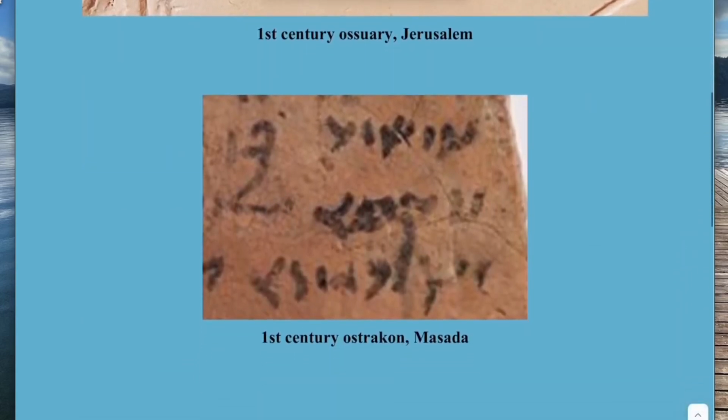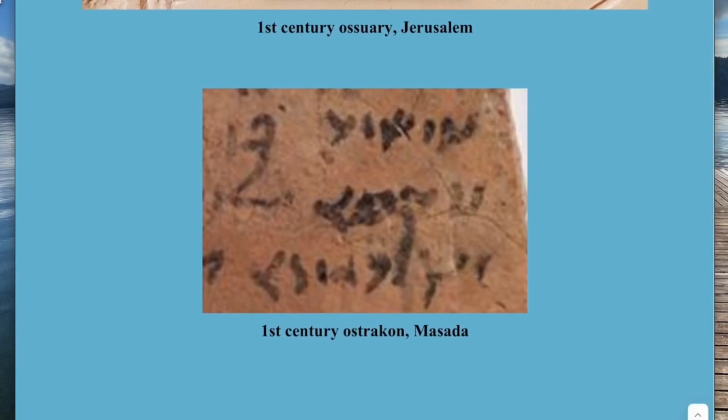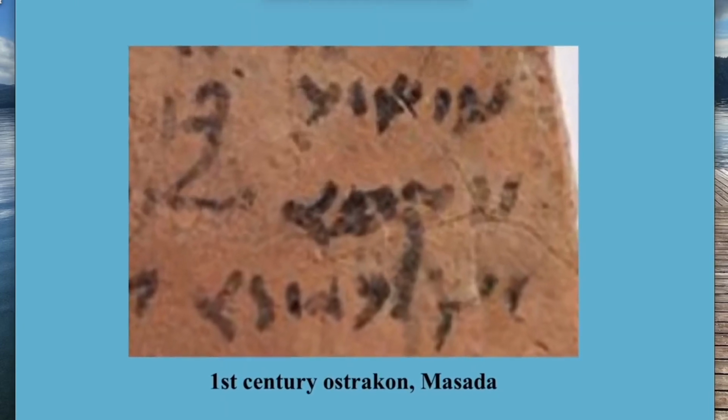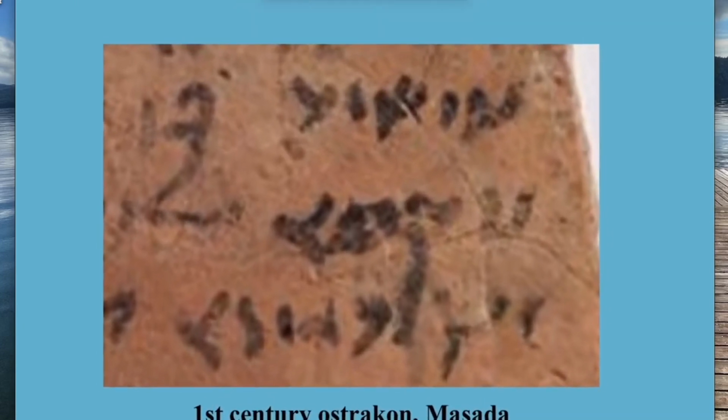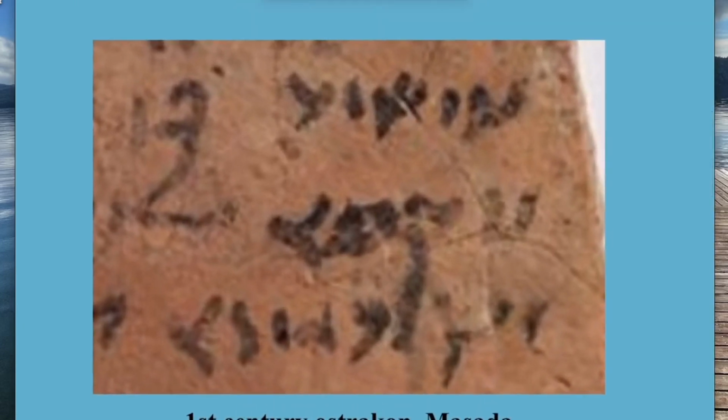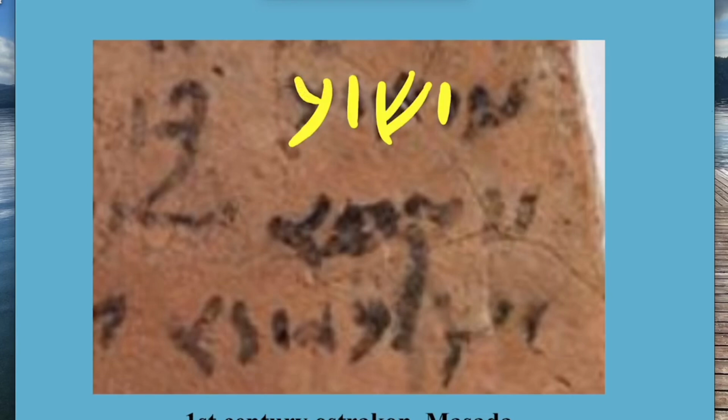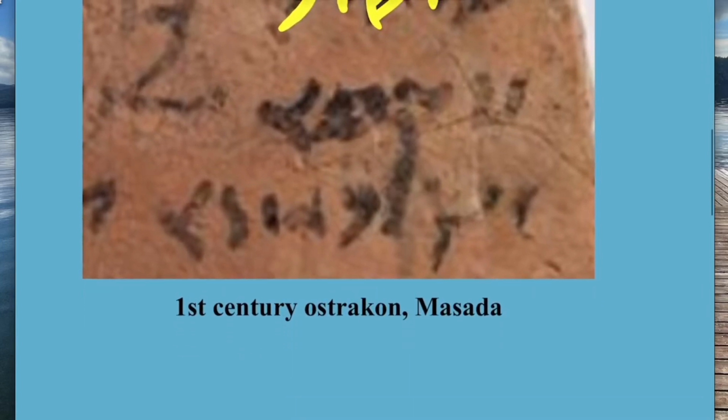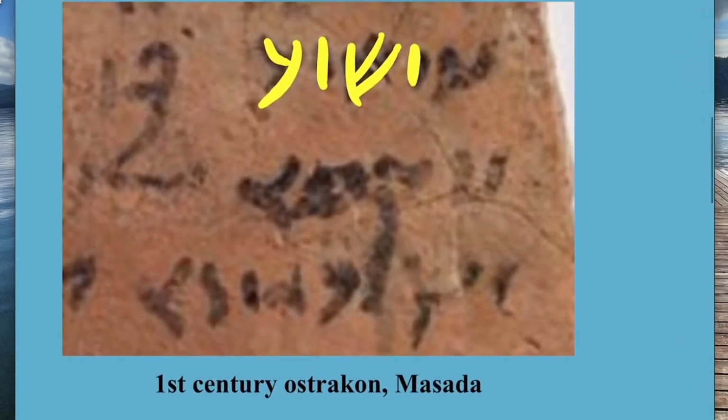Here's another first century. We actually know this is during the revolt. So this is from the late 60s, early 70s from Masada. And this is the best image I could get. It's not super clear, but we see here Yod, Shin, Vav, Ayin. That's the name Yeshua. And it's actually also here, too, say the official transcribers and translators of this ostracon from Masada. This is a list of names.